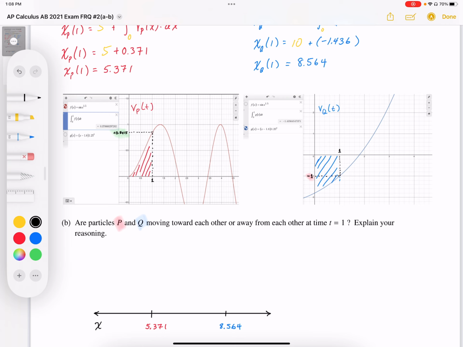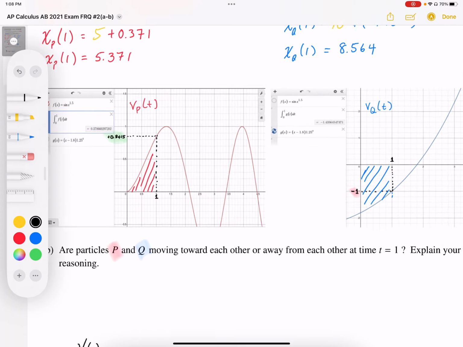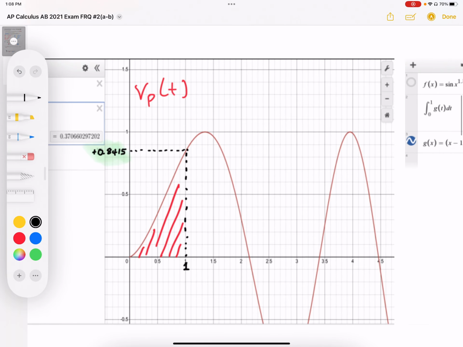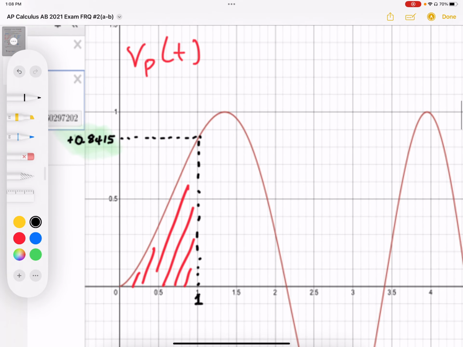We want to know the v at that same time, so v of 1. For the P function in red, we can just take a look at the velocity, or the y coordinate of that velocity. So I can just calculate the value. The calc value at x equals 1 is going to give me positive 0.8415.